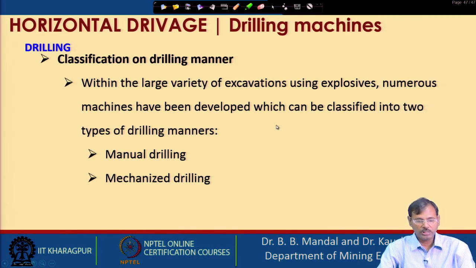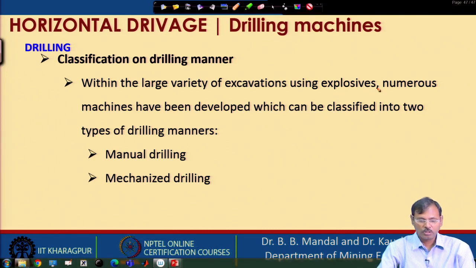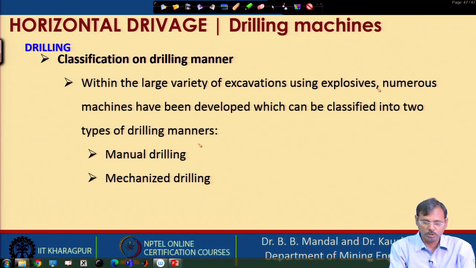So, our first job is the drilling. Drilling is basically carried out to provide a space for the explosive to enter into the rock mass. Drilling can be of two types, manual drilling and mechanized drilling.